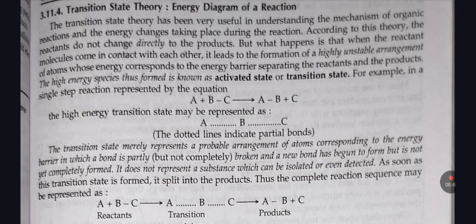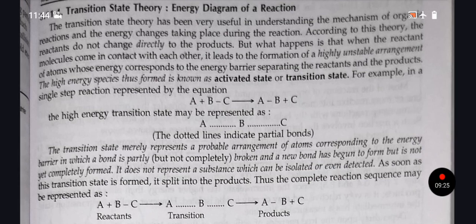For example, consider the single step reaction represented by the equation A plus B-C gives A-B plus C. The higher energy transition state may be represented as A dotted line B dotted line C, where the dotted lines indicate partial bonds.